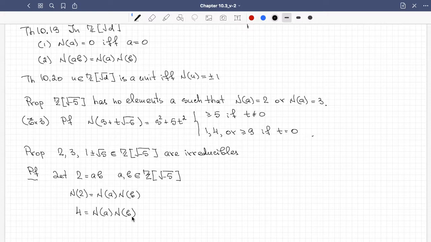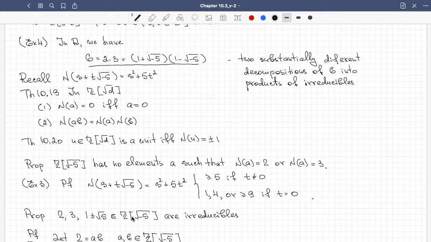By the way, I should probably mention that these norms in this ring, because d is negative 5, all norms are non-negative.